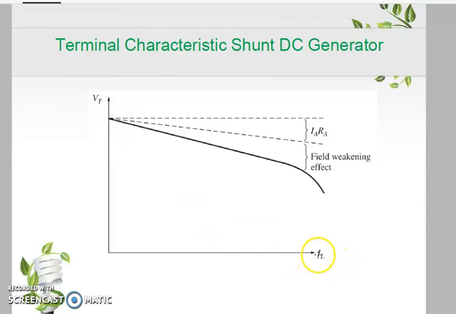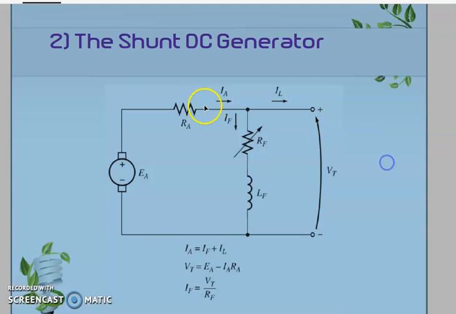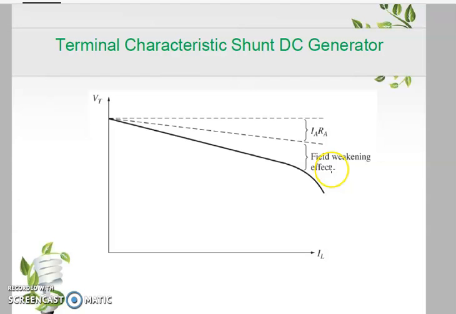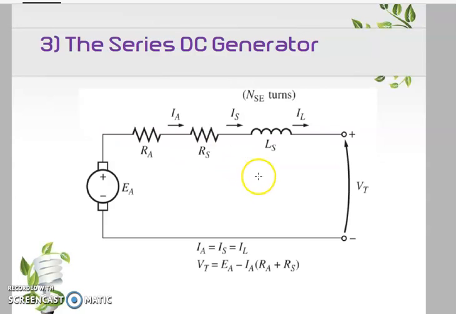The more load you put in, the lower the VT will drop. The drop is due to the resistance RA here, and also due to the field demagnetizing effect. So the higher the current or the load you put in, the lower the generated voltage at the terminal will drop too.